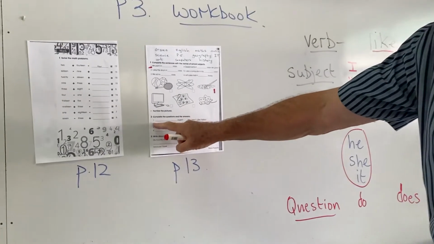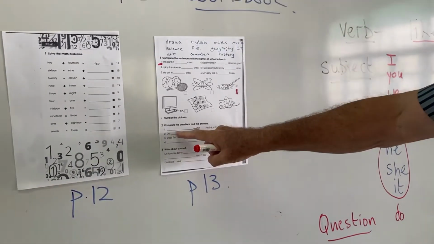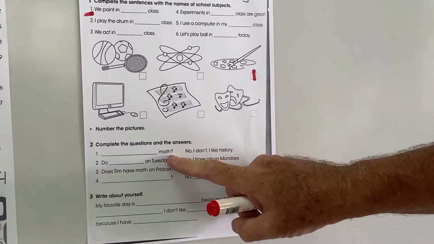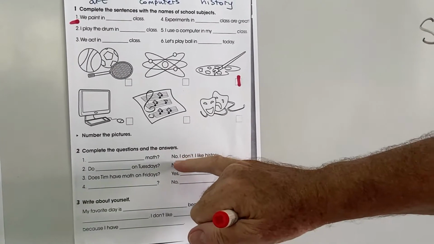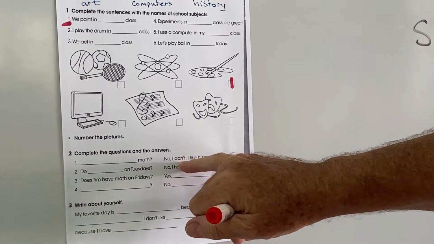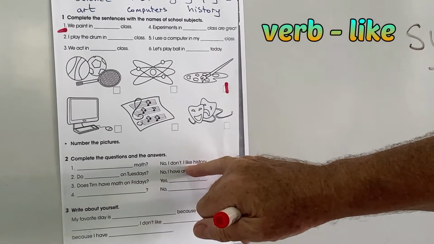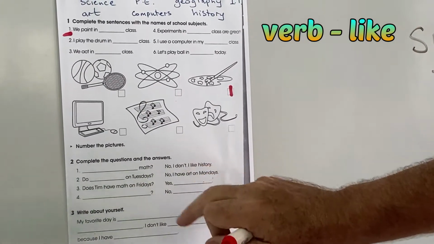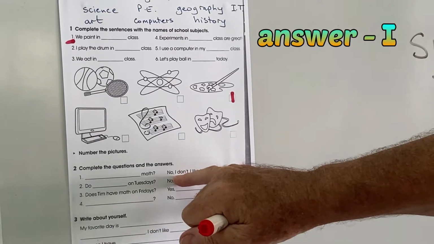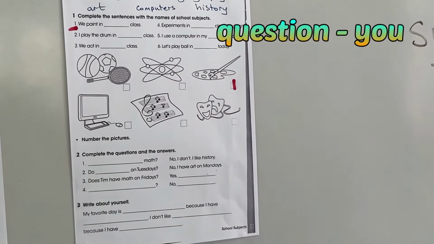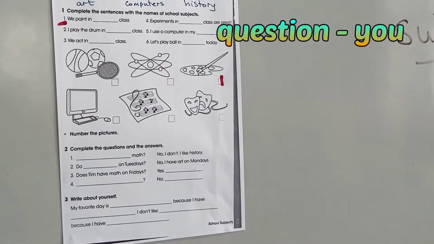Okay, so number 1 says math, the question, answer, no I don't, I like history. So we know our verb is like, and the answer is I, so the question must be you.